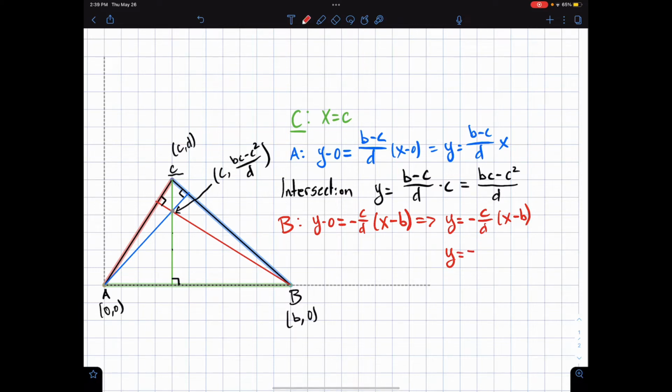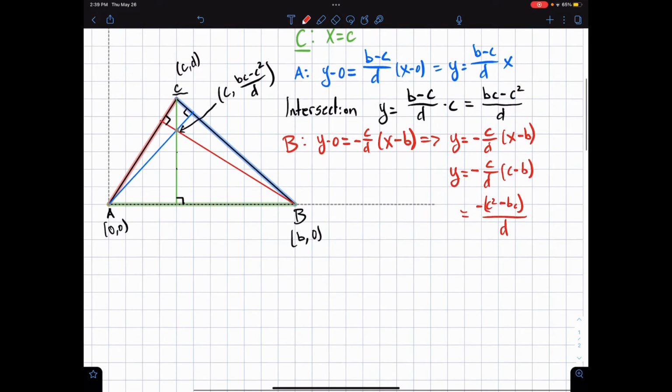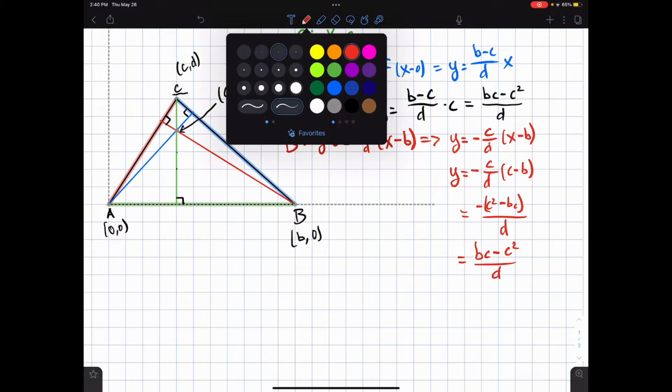So we get minus c over d times c minus b, and that is minus c squared minus bc over d, and that is just the same as bc minus c squared over d. So we see that all three lines intersect at the same point.